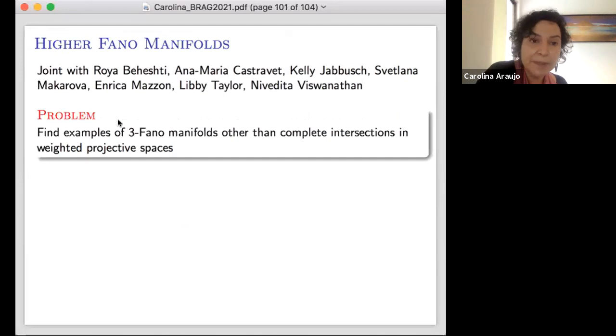And we believe that asking that a variety is higher Fano may actually eventually be a characterization of projective space.